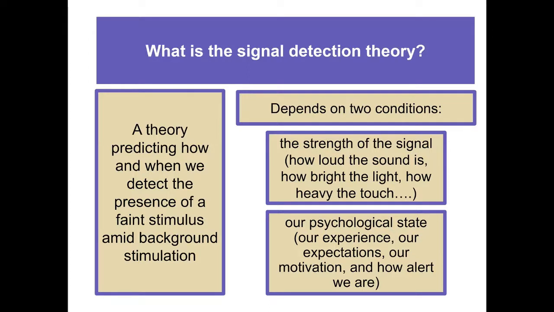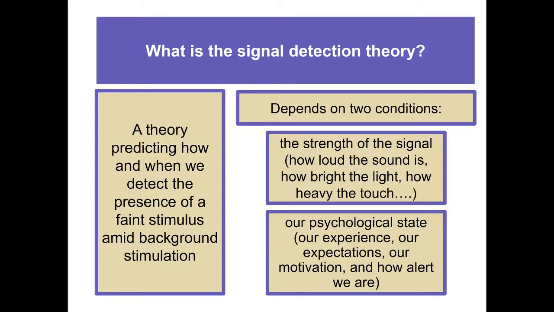In other words, there are sounds that we can't hear because the decibels are beyond our threshold for sound. There are also sounds that we can't hear because they are below our threshold for sound. So the two conditions for signal detection are whether or not the signal actually meets the threshold for what we can detect as humans, and our psychological state.